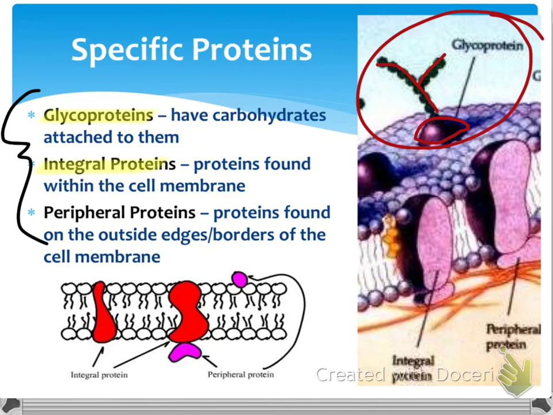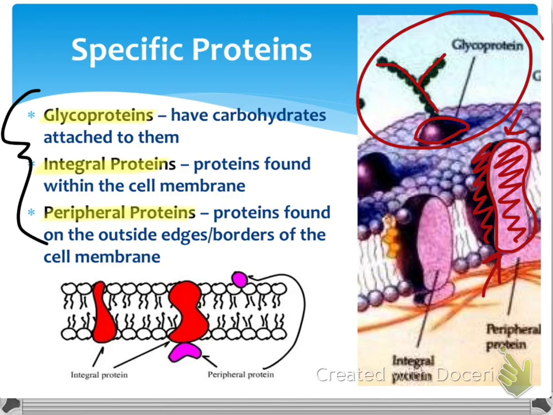Your integral proteins are proteins found within the cell membrane. So this guy is an integral protein because it's within the entire cell membrane. It goes from this side all the way to this side. Now what's attached to the integral protein is the peripheral protein. Peripheral means edges, outside.